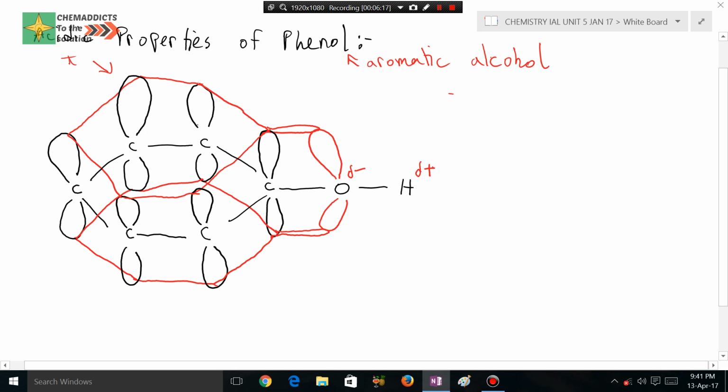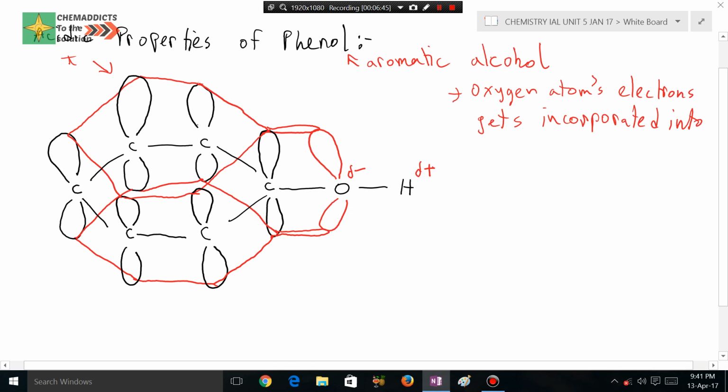So let's write the reason over here. The oxygen atom's electrons get incorporated into the benzene ring.